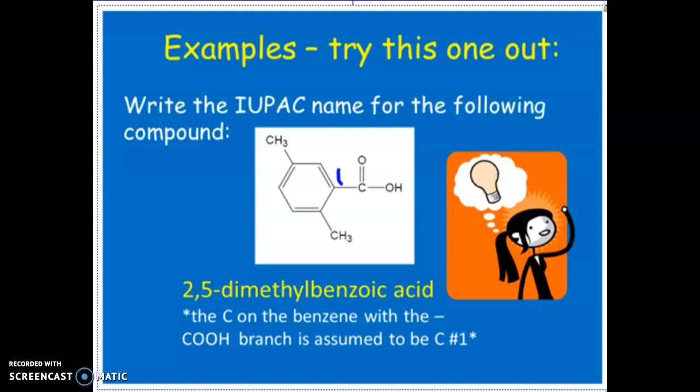So if we go to the right, we have 1, 2, 3, 4, 5. So our 2 methyl groups are at carbon 2 and carbon 5. If we were to have gone in the opposite direction, this would have been 1, 2, 3, 4, 5, 6. So 2, 5 is a better choice than 3, 6.